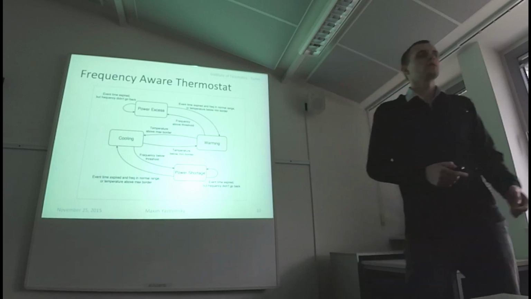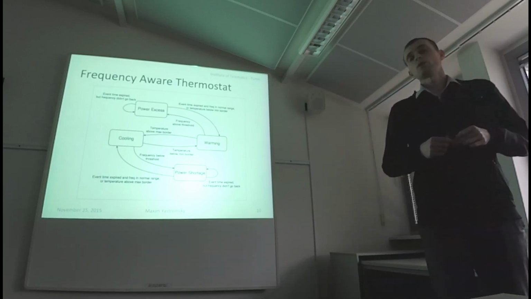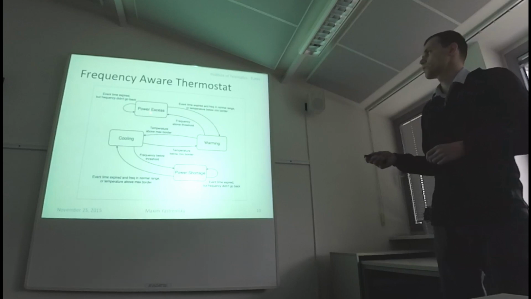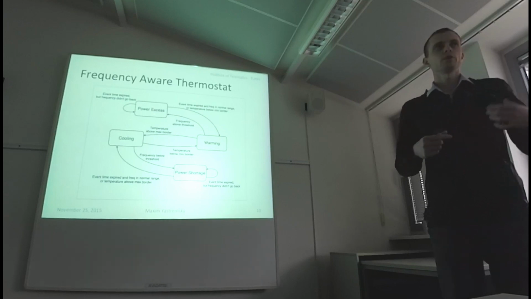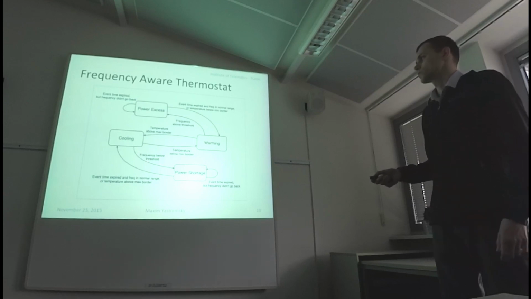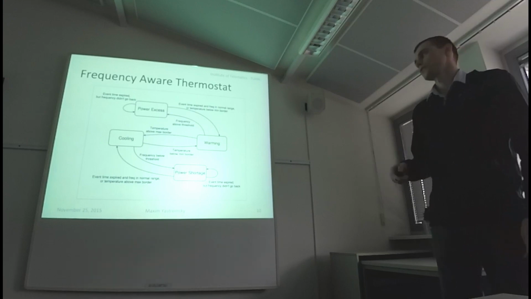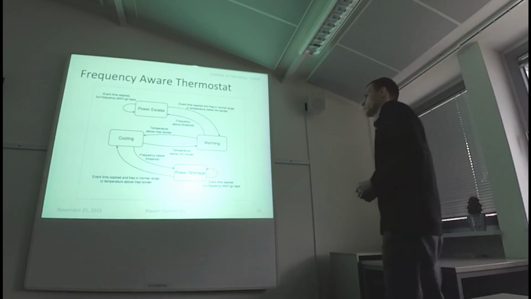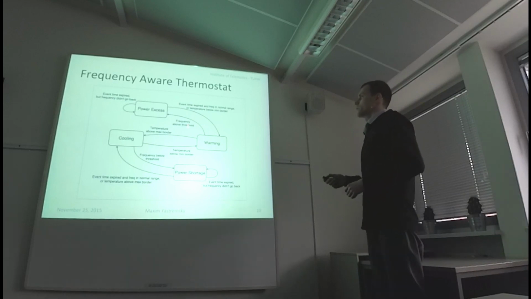That means that if the frequency goes up, we turn on the refrigerator to consume more power. And the other way around, when the frequency goes below the threshold, we turn off the refrigerator to stop consuming power. These states are called demand response states, additional to the normal states, cooling and warming.